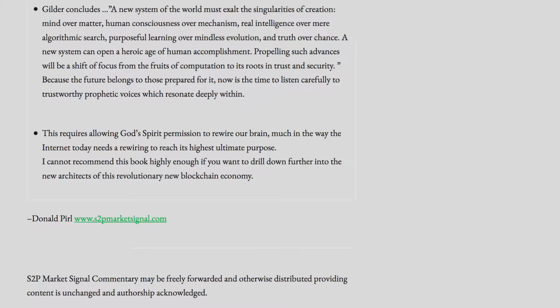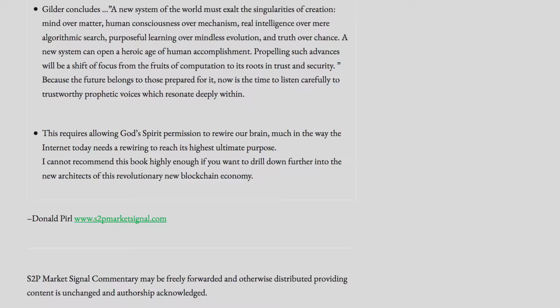Gilder concludes, "A new system of the world must exalt the singularities of creation, mind over matter, human consciousness over mechanism, real intelligence over mere algorithmic search, purposeful learning over mindless evolution, and truth over chance.